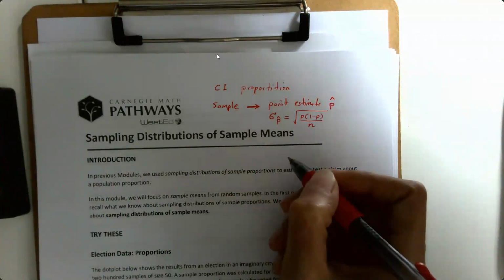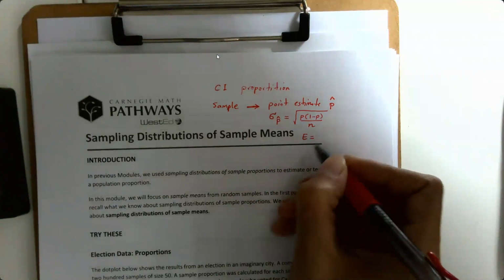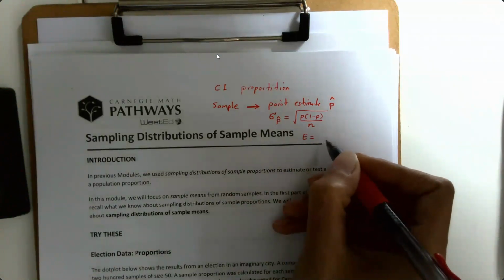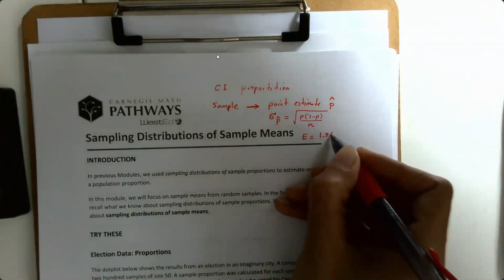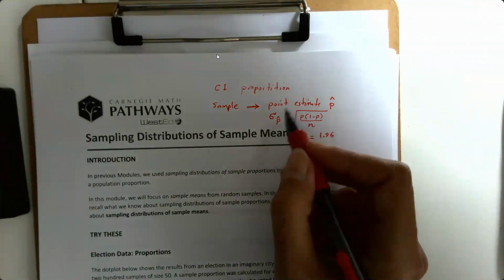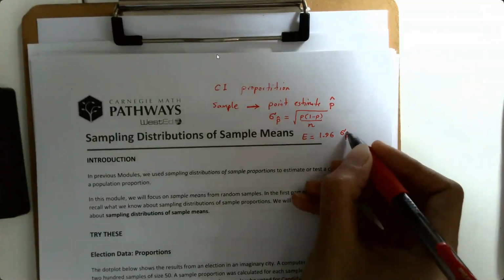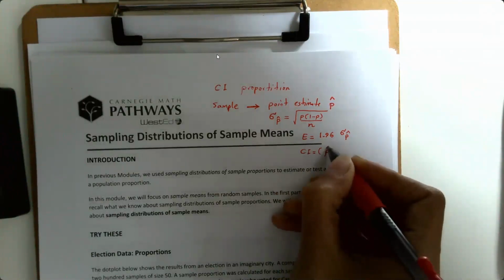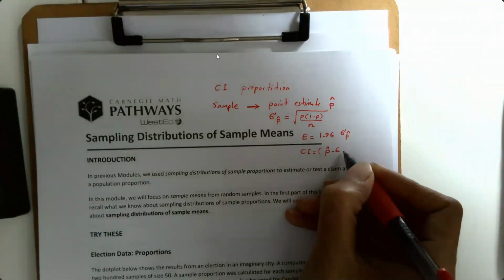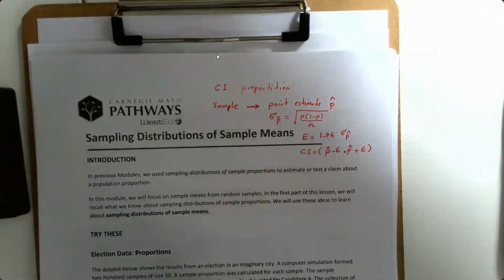Then we needed to find the margin of error, which for a 95% confidence interval was 1.96 times our error, sigma sub p hat. Then the confidence interval was p hat minus the margin of error, comma, p hat plus the margin of error.